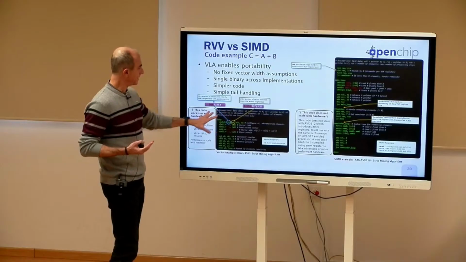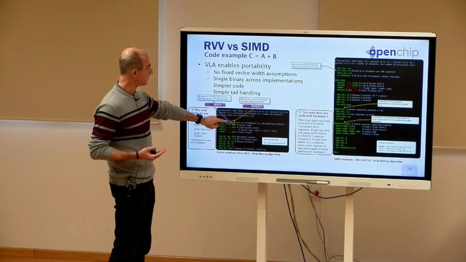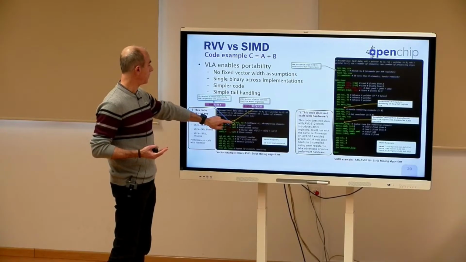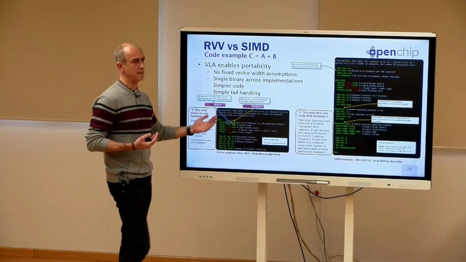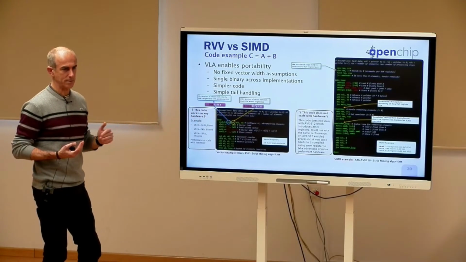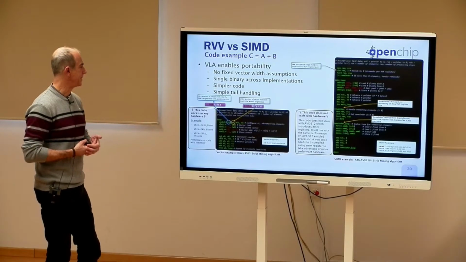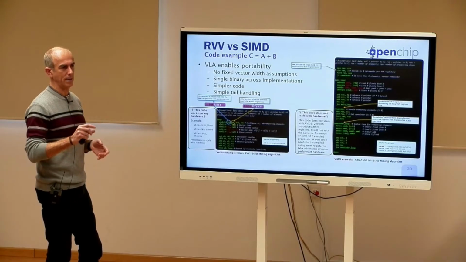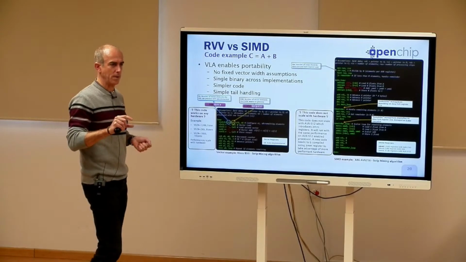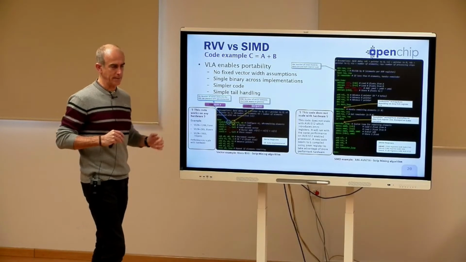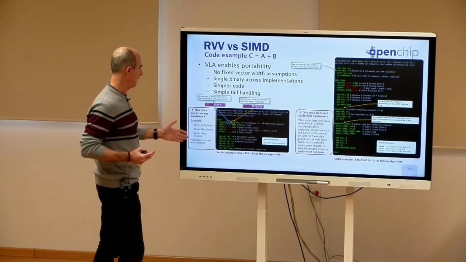So this structure is very simple, because every time you do an operation on T0 elements, and then you update A0, subtracting the number of elements you already processed in the previous loop. You can do this loop many times, and when you reach the end of the loop, you will deal with the tail, which is probably a reduced number of elements. You are not filling the vectors, but in any case, this same loop will work also with the tail.